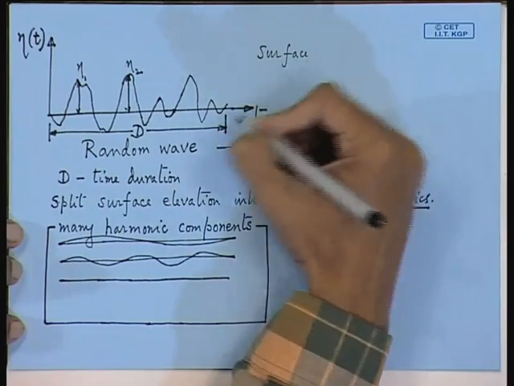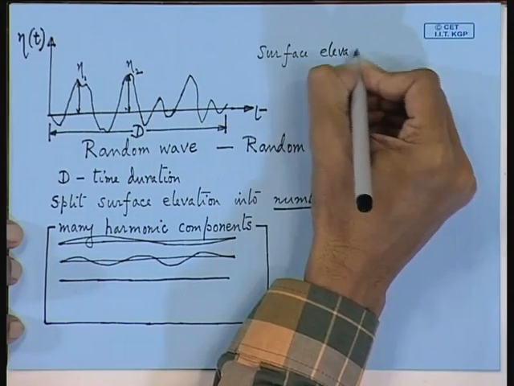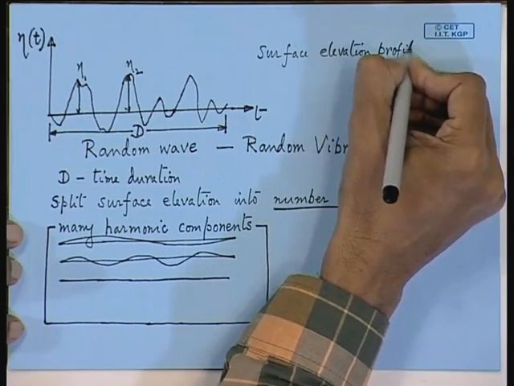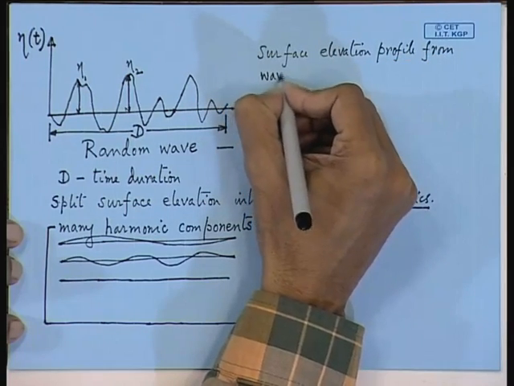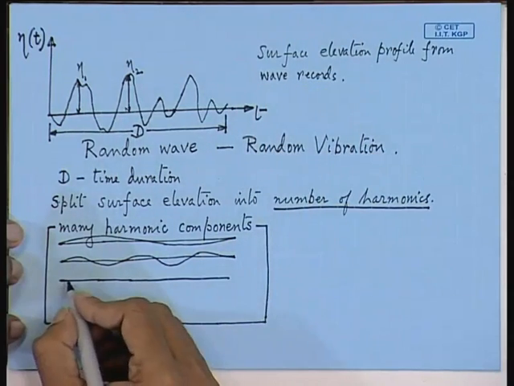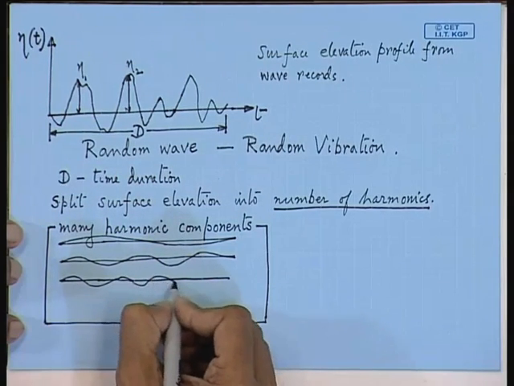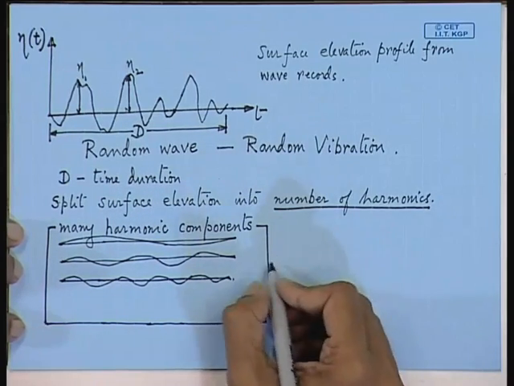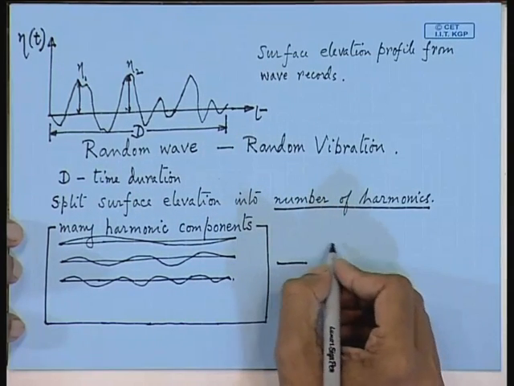So, this is very important, because you are straight away getting the surface elevation profile from wave records. So, like this you split this into number of components. This should generate this surface profile.